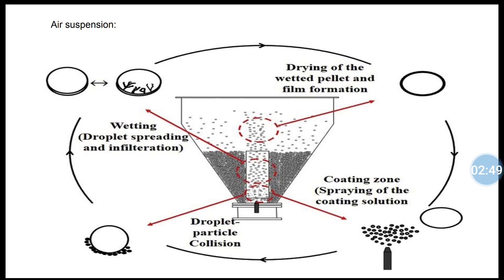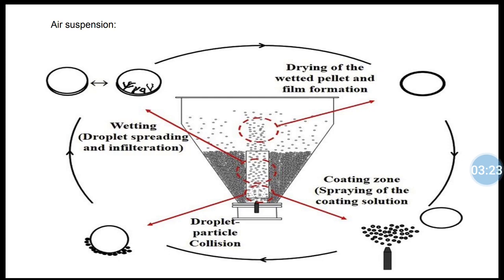Air suspension method. This is Wurster's method. Here the core material is fluidized by the nozzle of the fluidized bed processor. When it is being fluidized, simultaneously the coating material, either in solution or suspension, is also sprayed onto the core material.